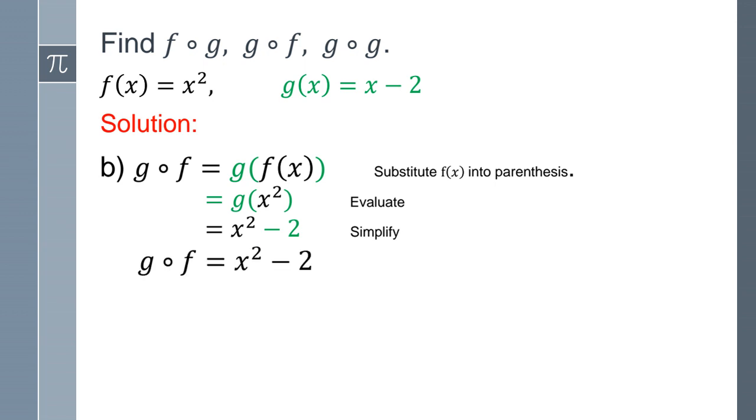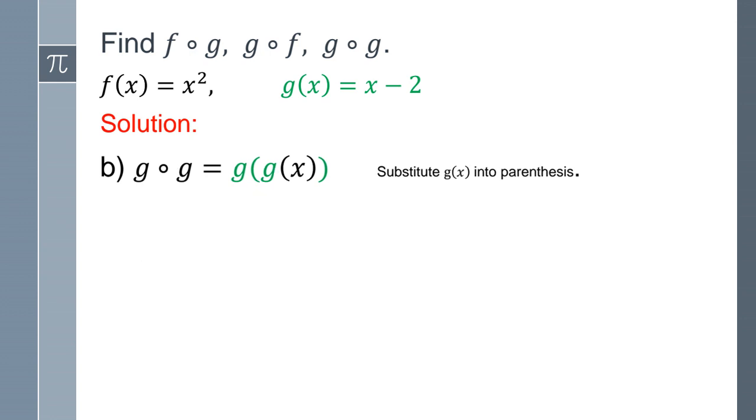Okay, now we're going to do g of g. So this is part C here, but it says part B, so it's part C. We're doing g of g. Again, this is my definition. Apply the definition, which means I'm going to go to my g function and plug in g of x right there.